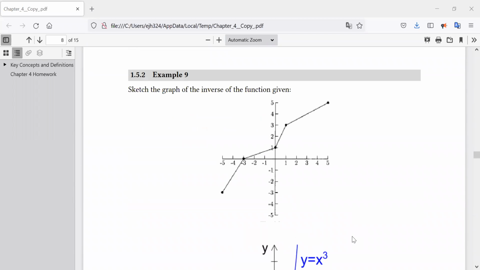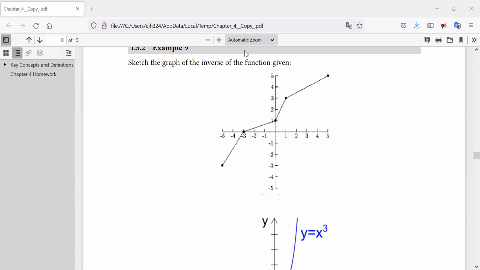And then this right here, if we want to sketch the inverse of this, well, then we'll have -3 and 5. So we've got this point, we've got -3, 0, sorry, 0, 1.